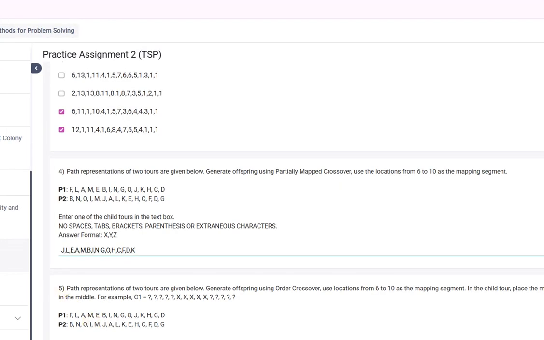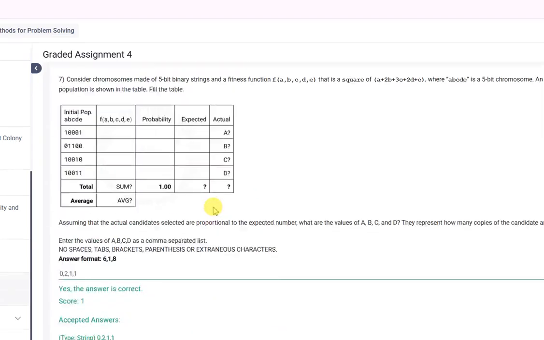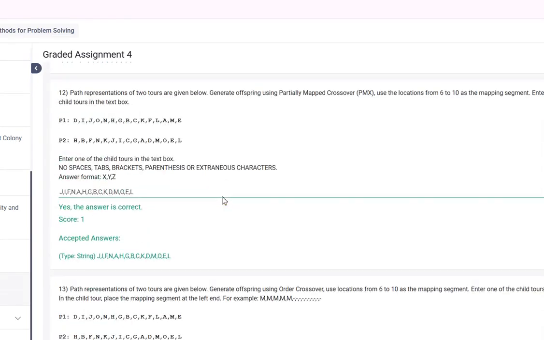The next question. Next question is, so this is the same as the partially mapped question. Then again, what was the question? The 5 number.